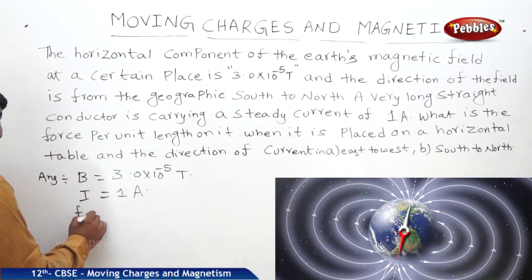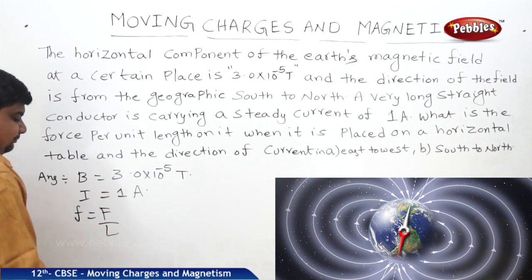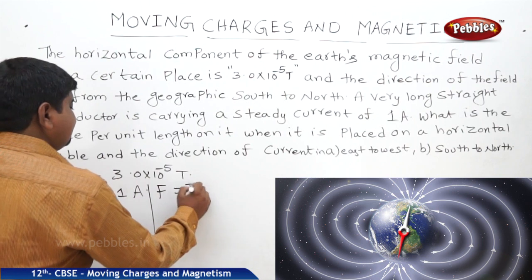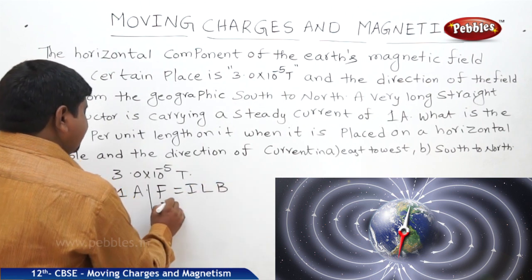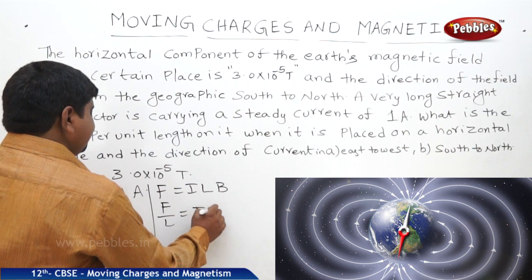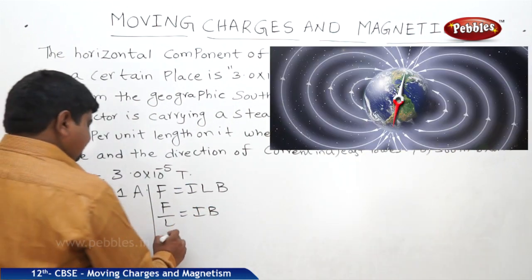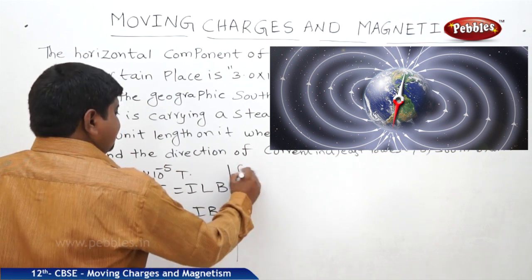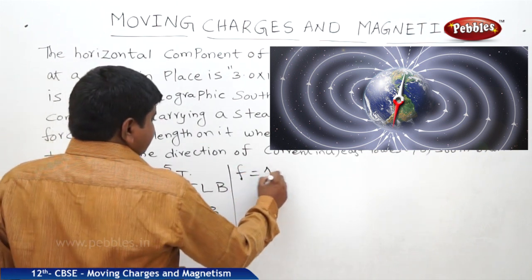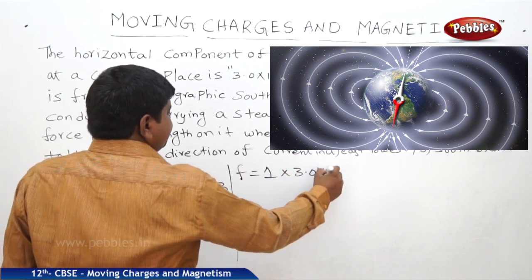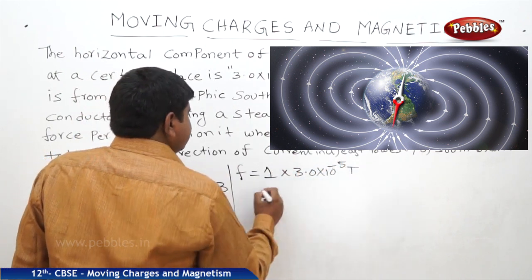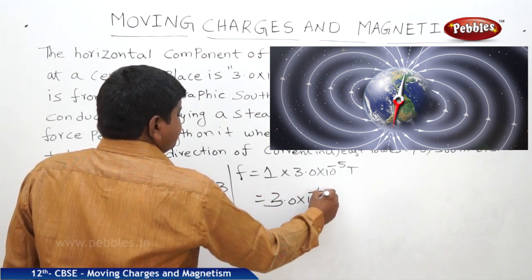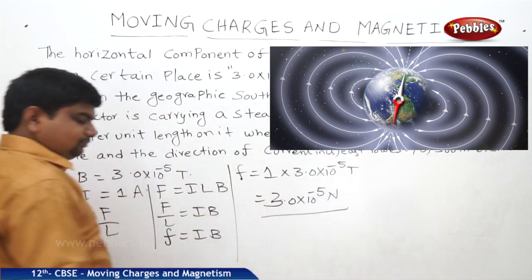Small f is equal to capital F by L. We know that capital F is equal to ILB, therefore capital F by L is equal to IB, so small f is equal to IB. What is I? 1 ampere. What is B? 3.0 into 10 to the power of minus 5 Tesla. So the answer is 3.0 into 10 to the power of minus 5 newtons.